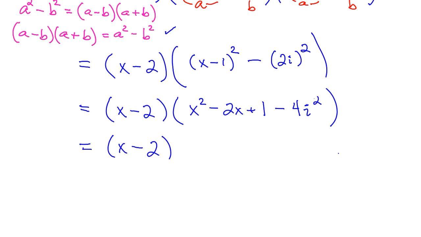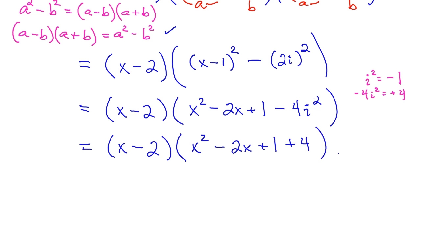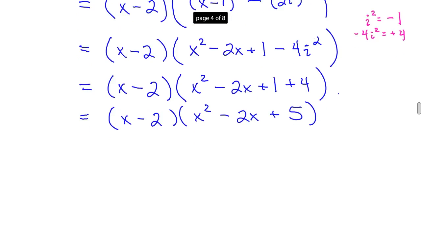Simplifying the right side parentheses, we get x squared minus 2x plus 1. And recall that i squared is equal to negative 1. So negative 4 times i squared is going to be positive 4. Simplifying this row, we get x minus 2 times x squared minus 2x plus 5.